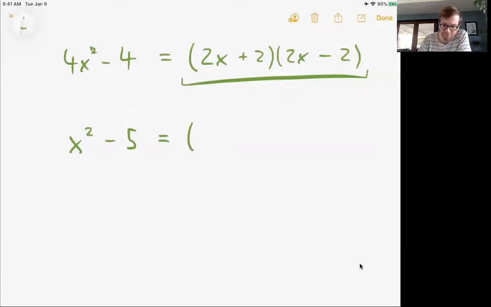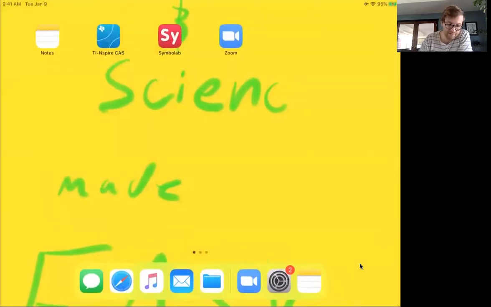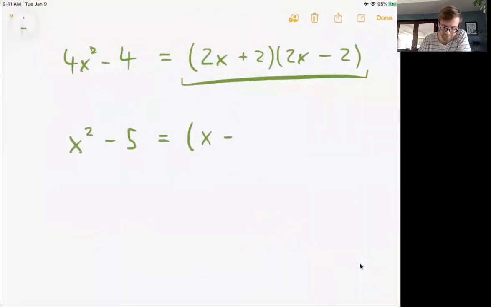But you can still factor it that way if you want to. Sometimes in some kinds of problems it's useful. So I'll take the square root of x squared, that's no problem. And then the square root of 5. So x plus square root of 5, then x minus square root of 5.